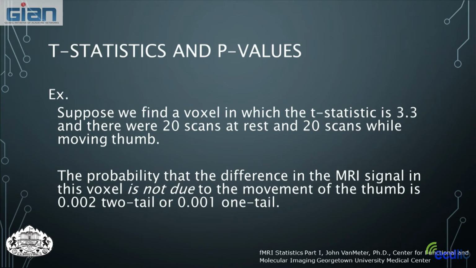Again, we can use tables to convert these t-values to p-values. Somebody's already nicely computed all of these for us. And nowadays you can go online and find all kinds of statistical calculators. You just plug in your numbers and it'll give you a p-value for this.